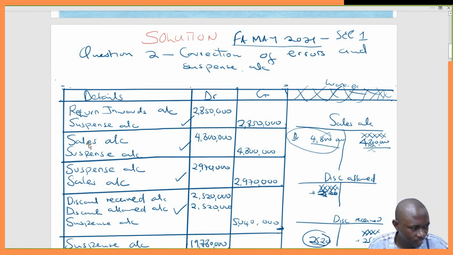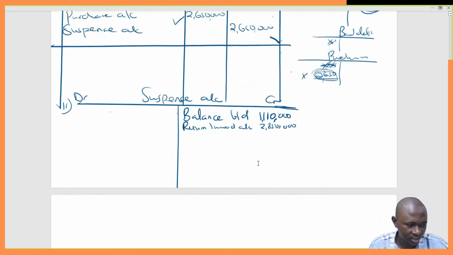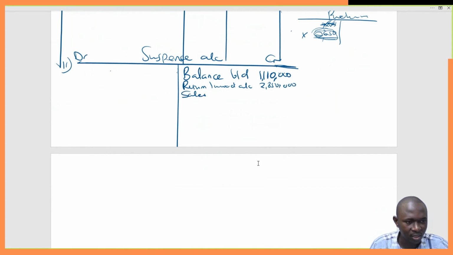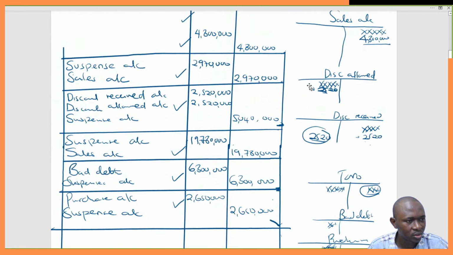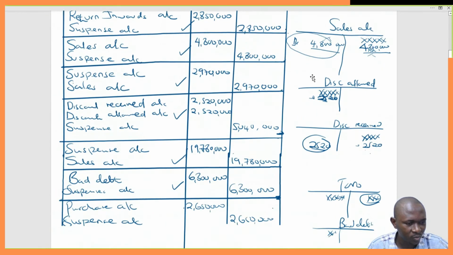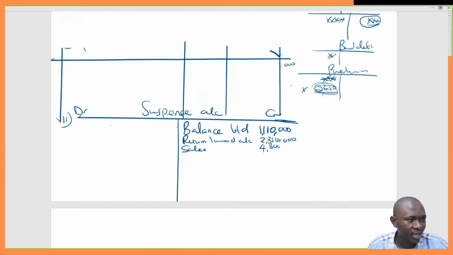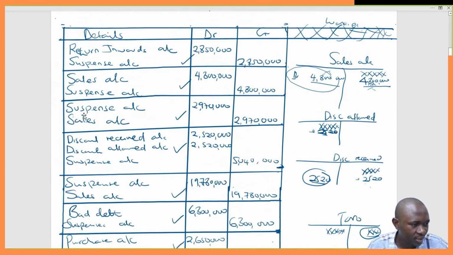The second one, you can see it's the sales that is affecting, and suspense is a credit. So you simply say sales account, sales, how much? Sales 4.8. So you come here and say 4.8, like that. And then the third one, suspense account.